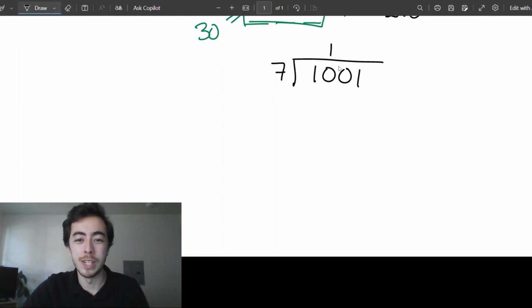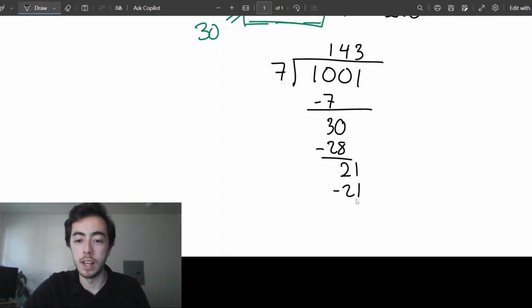Then I'll do 1 times 7 and subtract the 7, although technically I'm subtracting 700 from my 1001. I'll get a 3. I'll drop down the 0. 7 goes into 30 4 times. 4 times 7 is 28. I'll subtract that, get a 2, bring down the 1, and then 7 goes into 21 evenly 3 times. And I can show that by doing the subtraction here and getting a remainder of 0.